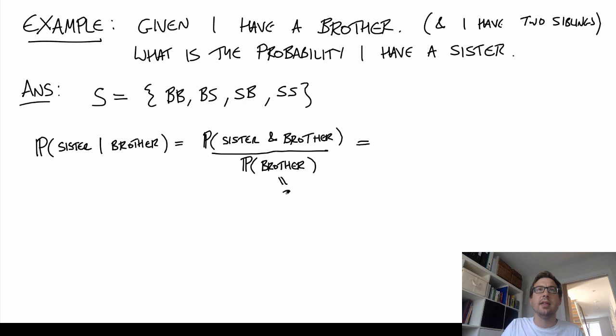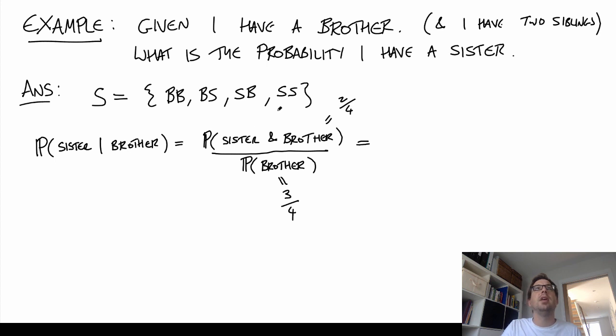And if I look at all the events where it's brother and sister, there's 2 of those, so it's 2 quarters. 2 out of 4 events are a brother and a sister.